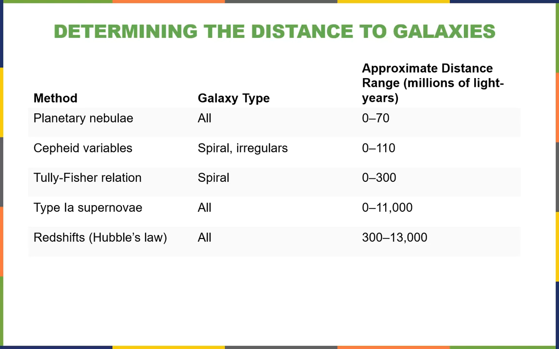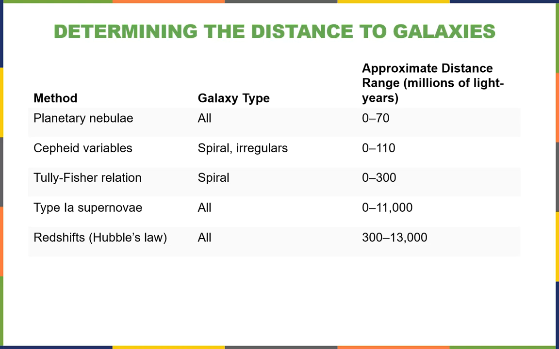Then we have Cepheid variables, the things that Harlow Shapley used in studying the globular clusters, determining approximately how far away the center of the Milky Way galaxy was and where it was, even though his distance was wrong because the calibration for Cepheid variables wasn't done very well at that time. The luminosity of a Cepheid variable is dependent on its mass, and its frequency is tied to its luminosity.